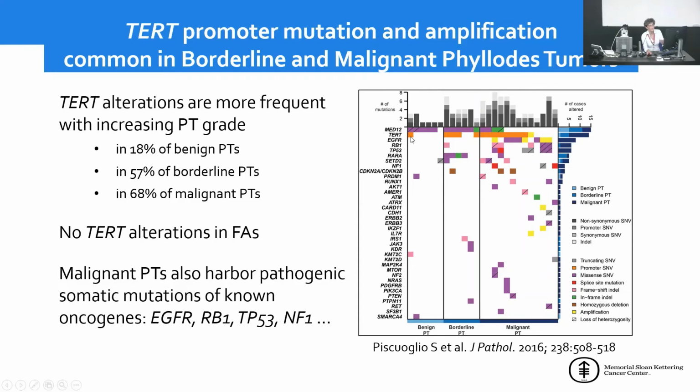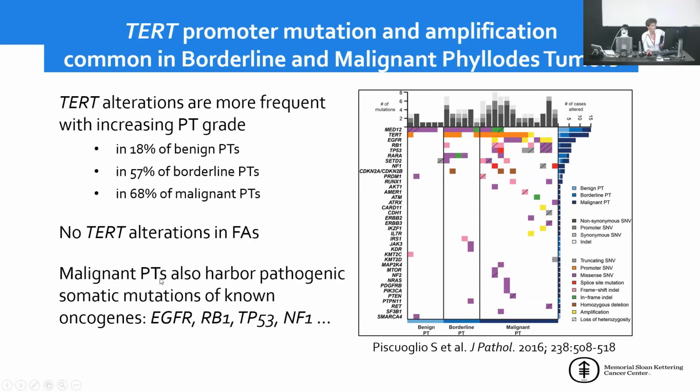You see an increasing frequency of TERT promoter mutation, rare in benign phyllodes but increasing in malignant phyllodes tumor. It does correlate with a more aggressive behavior, and malignant had it in nearly 70% of the cases. We found no TERT alteration in fibroadenoma.